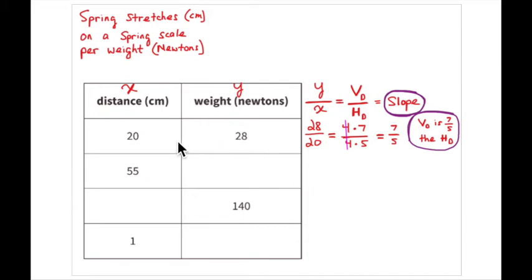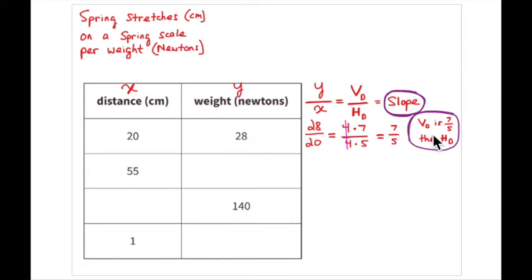In this case, it's 28 units in the y direction along the y-axis and 20 units in the horizontal direction along the x-axis. That ratio simplifies to 7/5. 28 divided by 4 is 7, and 20 divided by 4 is 5. So the length along the y-axis is 7/5 the length along the x-axis. 7/5 times this x value will give you the y value.